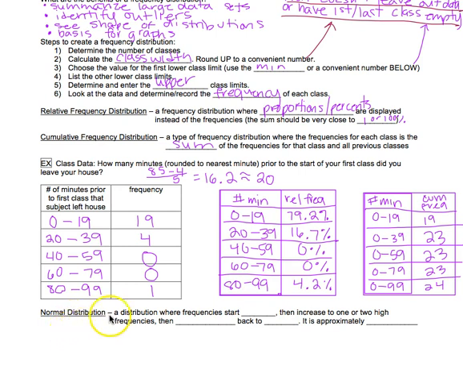Last definition is that of a normal distribution, which you hear talked about all the time in real life. This is normally distributed. Normal distributions are distributions where the frequencies start low, then increase to one or two high frequencies, then decrease back to low.